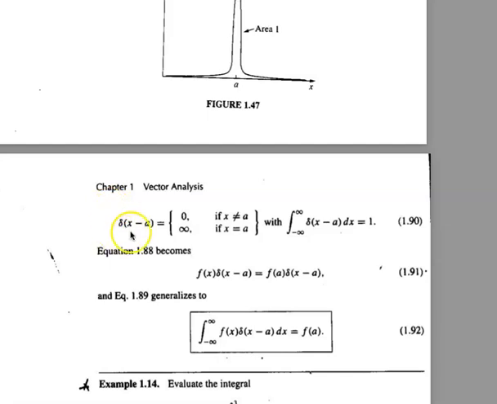So this is the standard way that I want you to think about the delta function. Suppose you had delta of x plus b, then that would be delta of x minus a with a equal to minus b, because that negative sign has to be in there for it to be in its standard form.